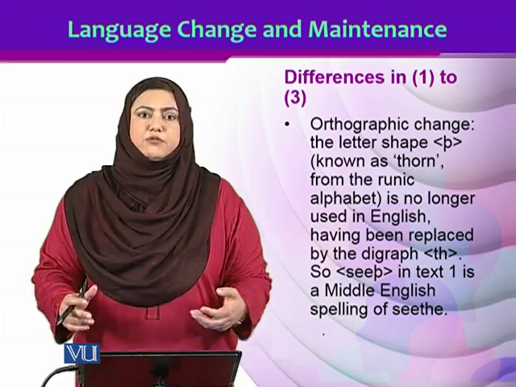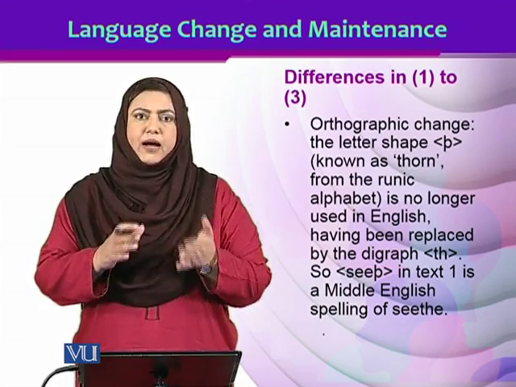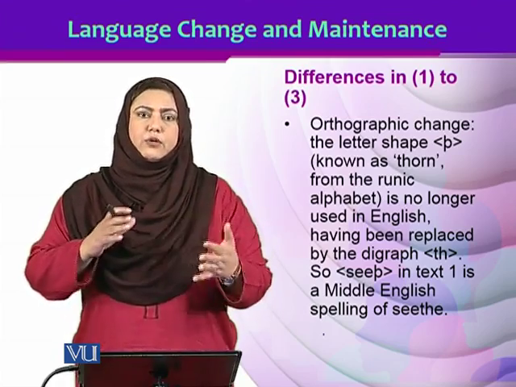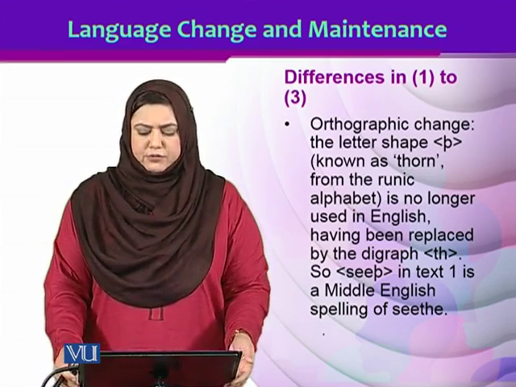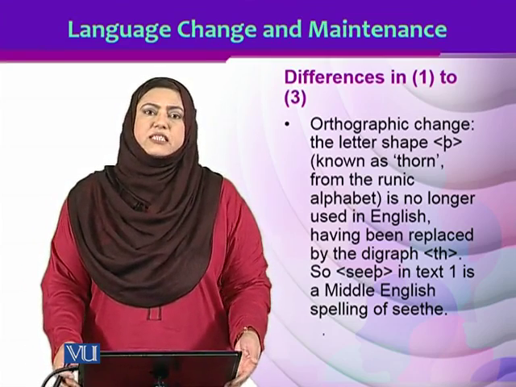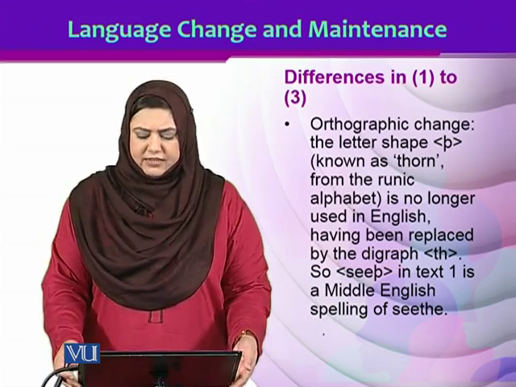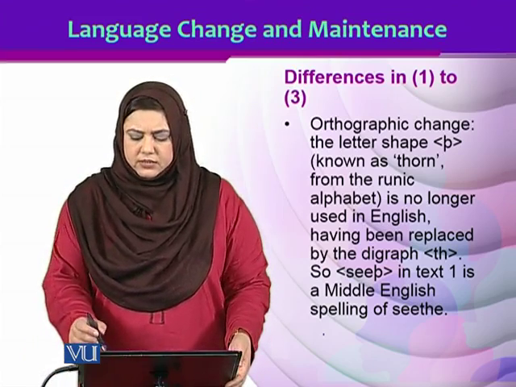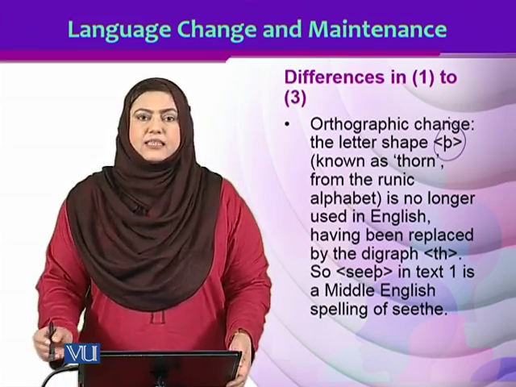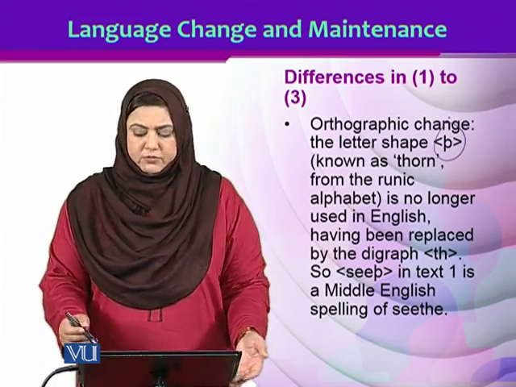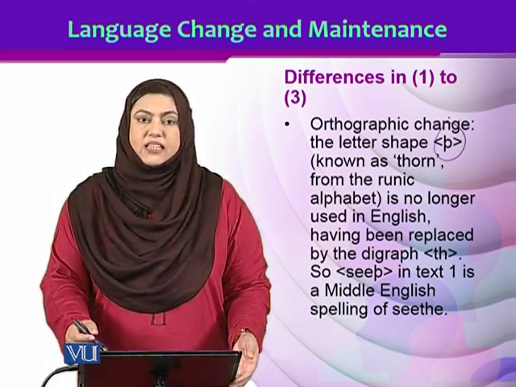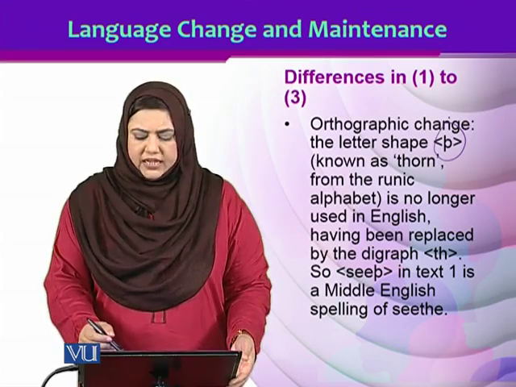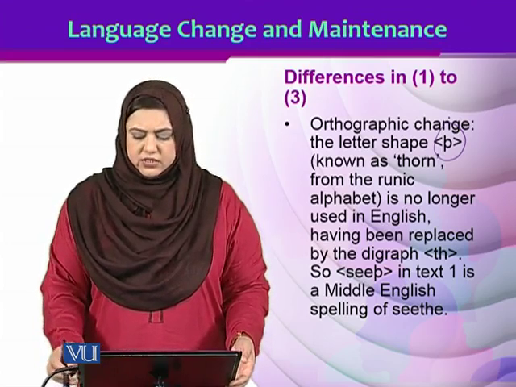Well, when it comes to differences, when we look at all the three texts, there are certain differences. For example, orthographic changes have occurred. The shape of letters has changed. For example, this sign that I said at the outset that probably we don't know what it is. Actually, this is known as a thorn from the runic alphabet, and it is no longer used in the English language.